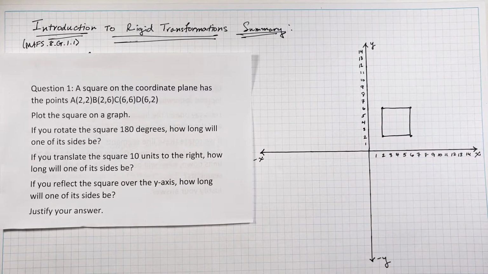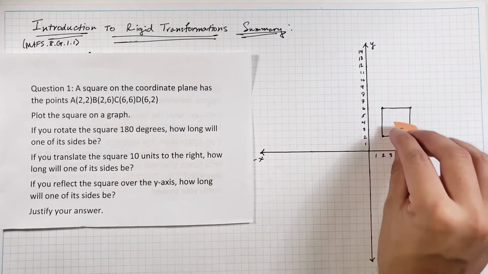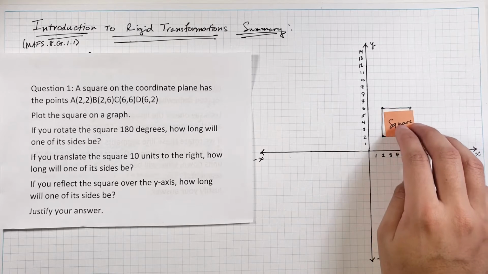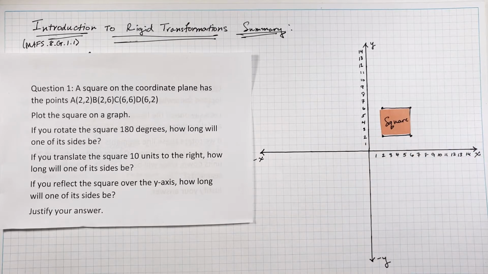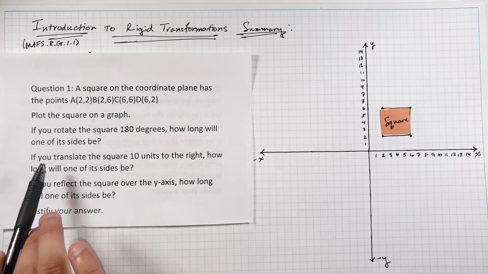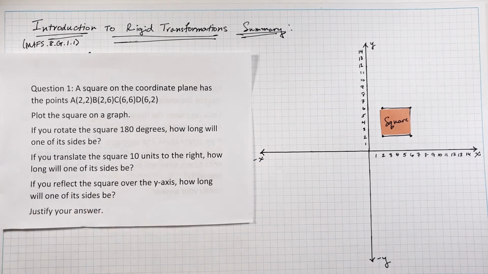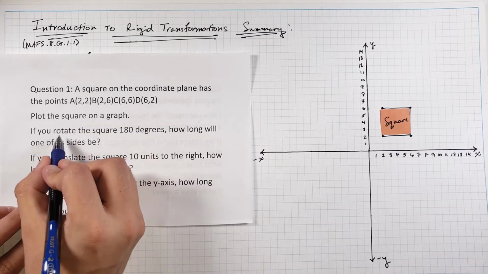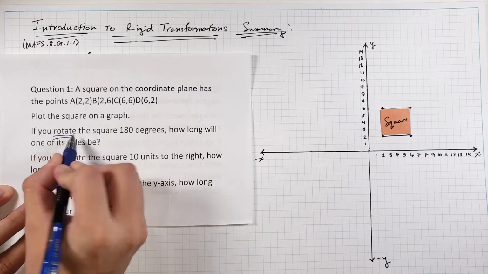Now let's just assume that this little square here is that square. All right, so now what's it say? Well, now it says if you rotate the square 180 degrees, how long will one of its sides be? The key word to notice here is rotate.